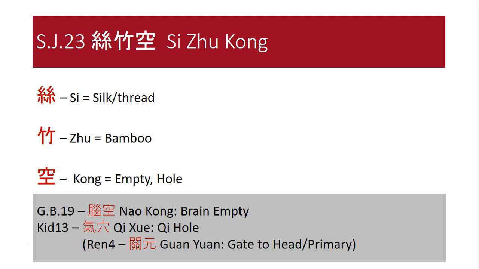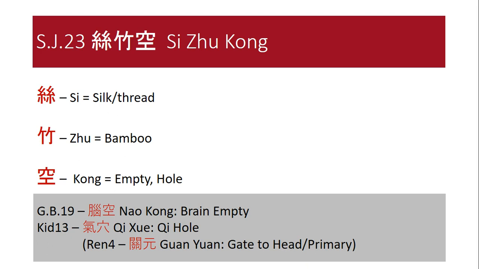The other Kong in point names is gallbladder 19, Nao Kong, the brain hole, the brain emptiness. The top part of Kong is a cave, Shui, and we do have one cave in point names, Qi Shui, the Qi cave, that is kidney 13. Kidney 13 is right next to Ren 4, Guan Yuan, the gate to the primary.